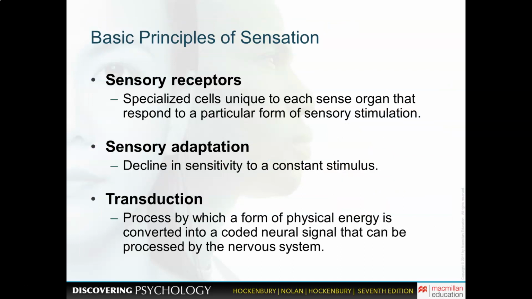There are a few important terms that you have to be familiar with for this chapter. Number one, sensory receptors. Those are the special cells unique to each sense organ that respond to a particular form of sensory stimulation.